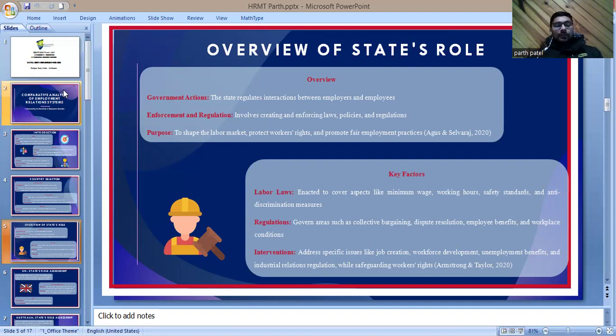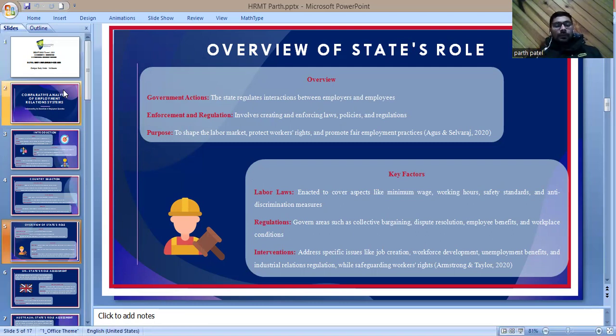The government does not act in isolation in this field, but rather oversees collective dispute resolution, employment benefits and workplace conditions.